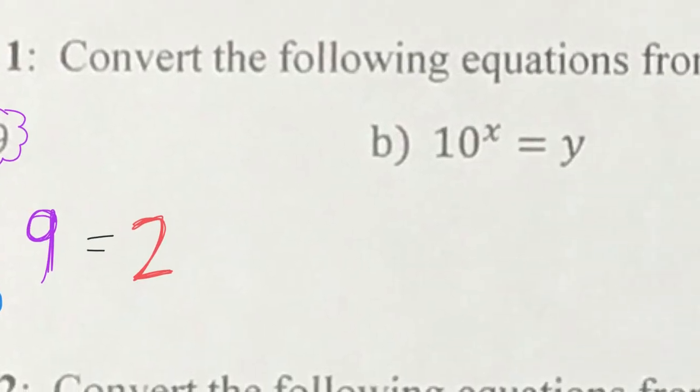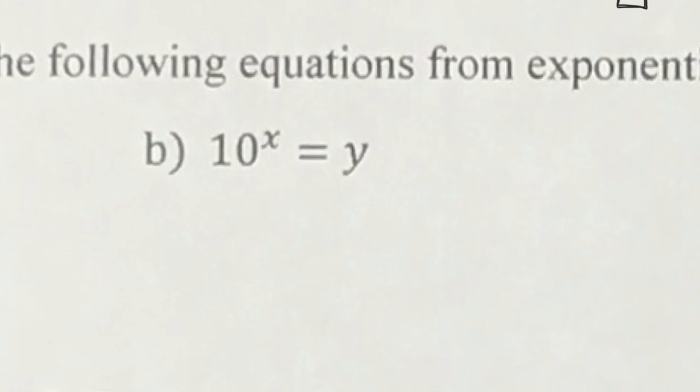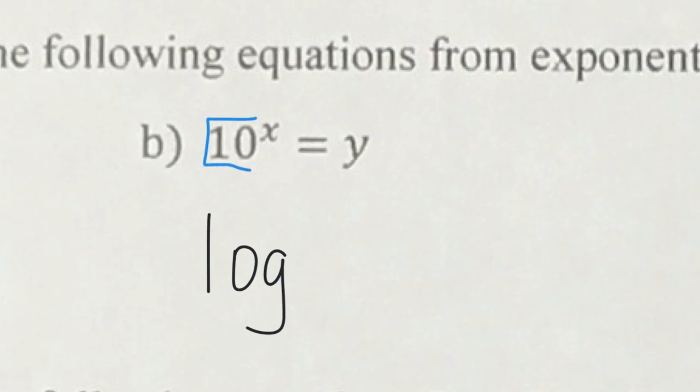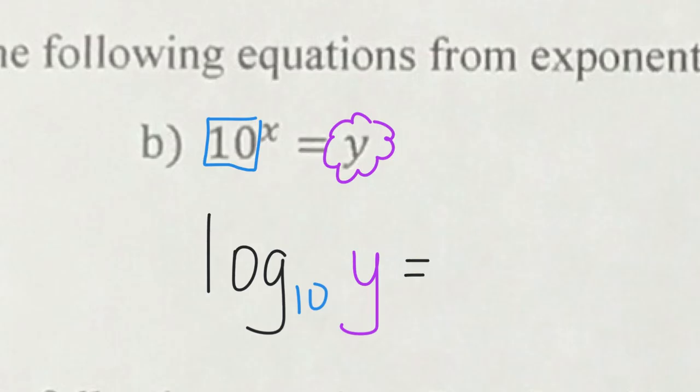Okay, let's see what else. 10 to the x equals y. Okay, so we start with log. And the base of our exponential is 10, so that goes down there. The argument is, I guess the answer is y, and our exponent is x. Okay?